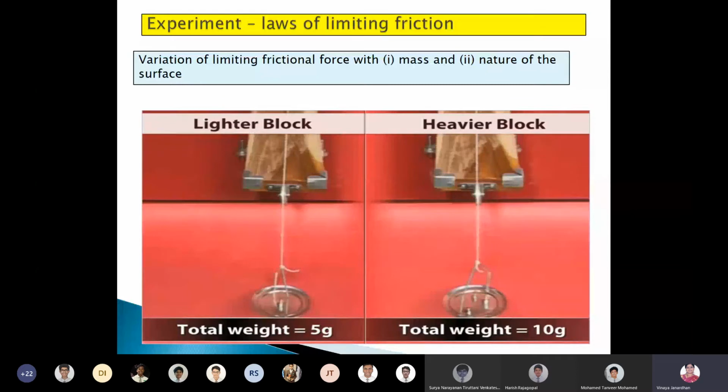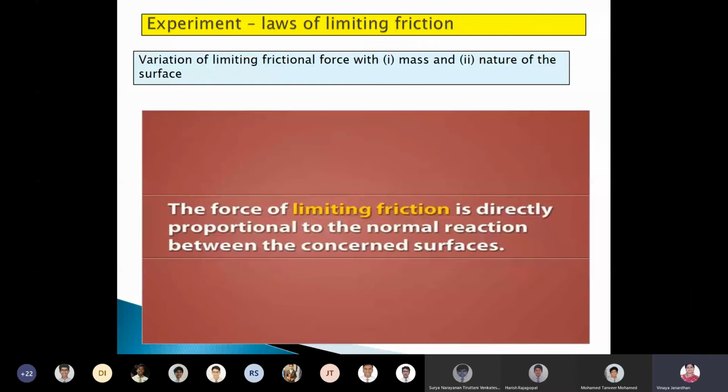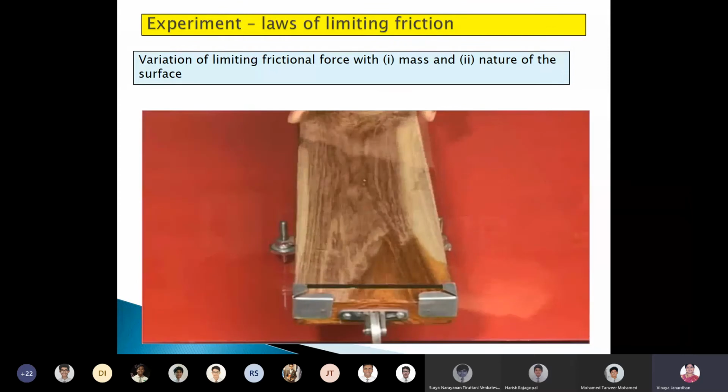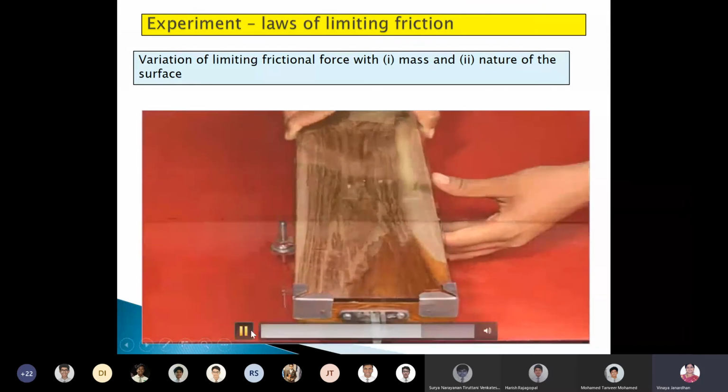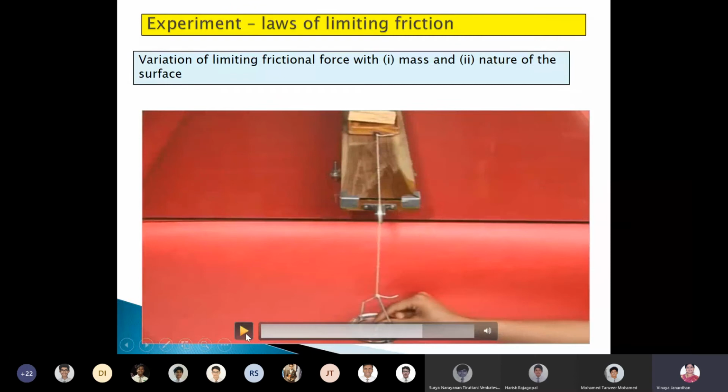For the heavier one, naturally you require 10 grams. So these are in direct proportion for your limiting friction. So the force of limiting friction is directly proportional to normal reaction. What about normal reaction?